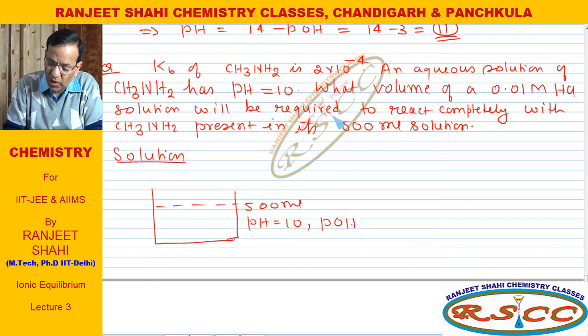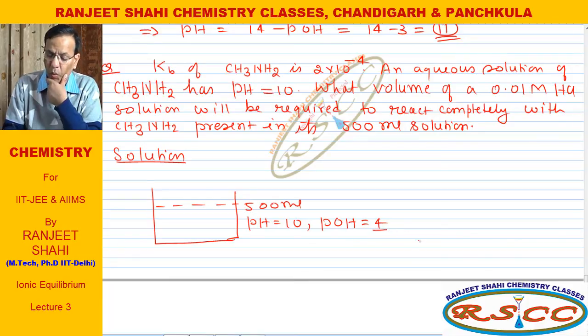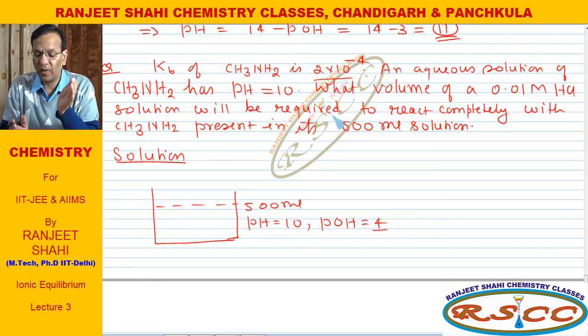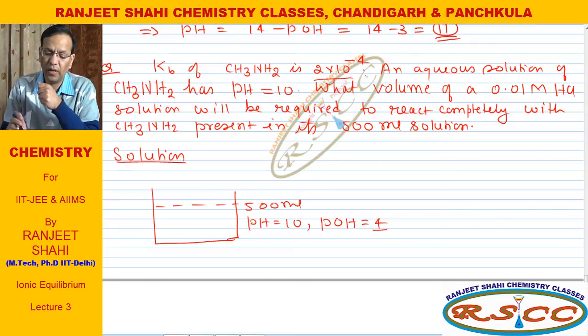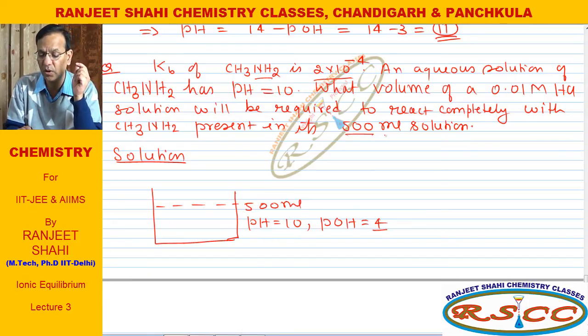So pOH will be 14 minus 10, so 4. Now pOH is known, Kb is known. The objective of this question is to find out the moles of this base present in 500 ml solution, so that the moles of HCl required can be determined.